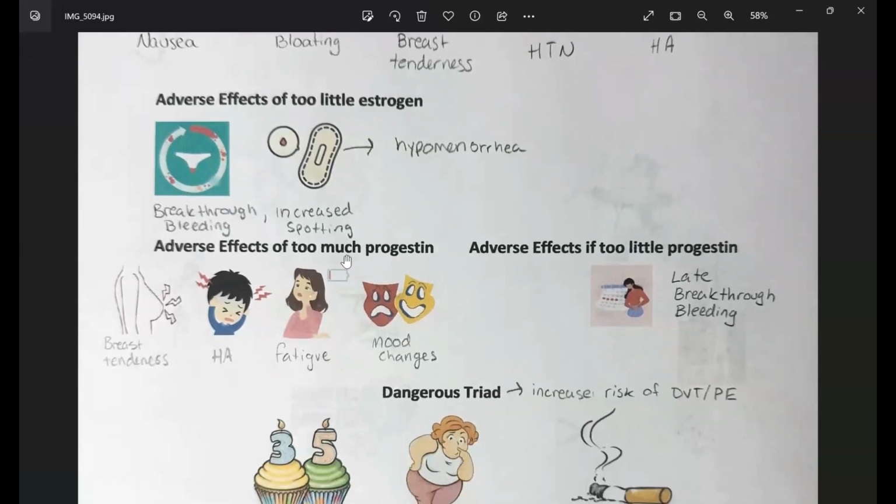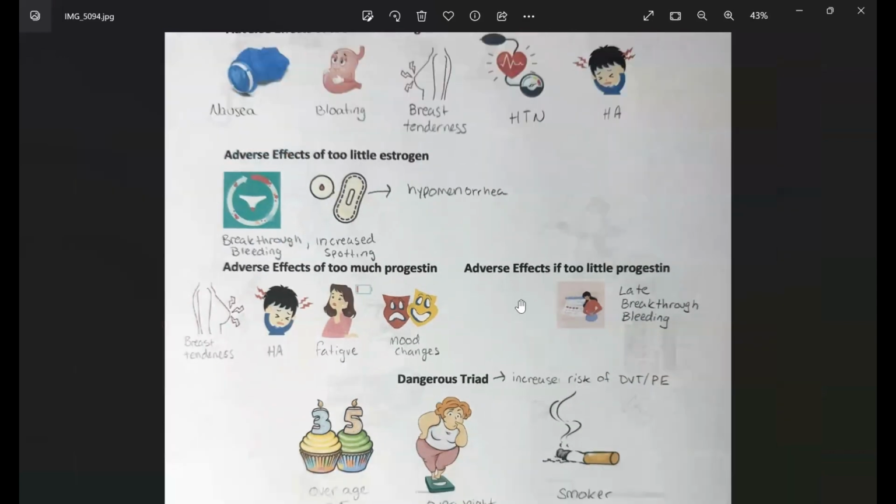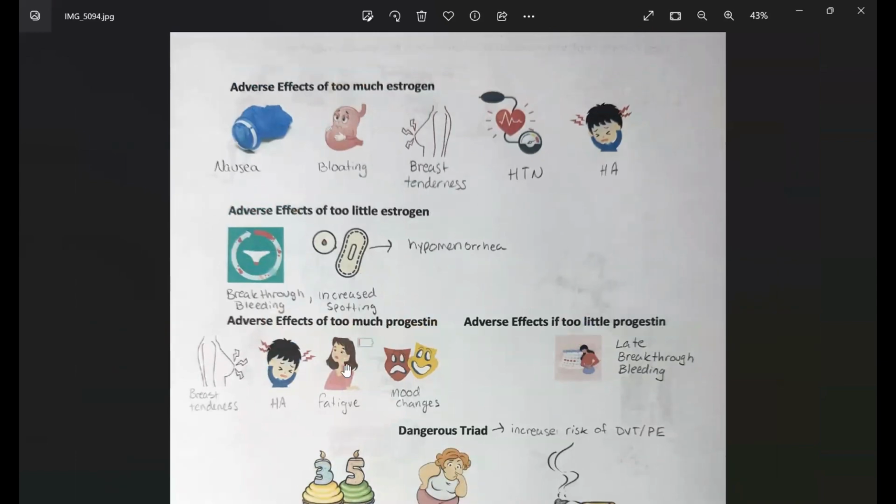If there is too much progestin, then they will have, again, breast tenderness, headache, fatigue, and mood changes. Breast tenderness and headache are really similar to estrogen.